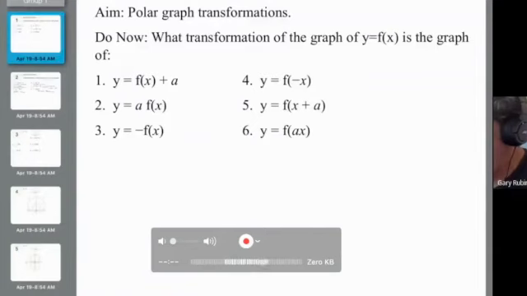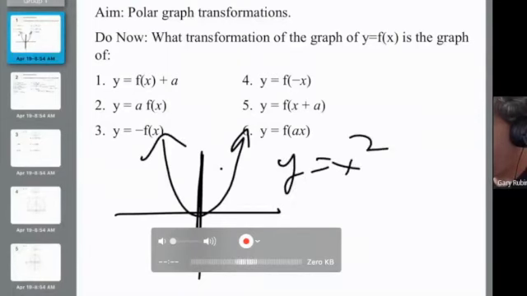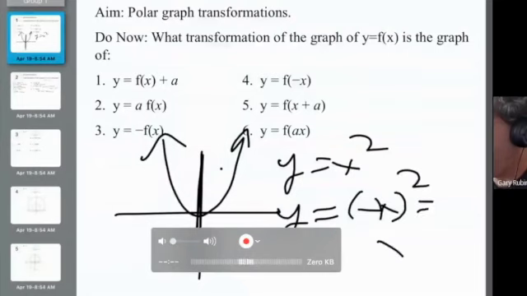Now, the parabola, okay, that's not good. If you take y equals x squared and you replace the x with negative x, it doesn't seem to do anything. It's the same graph, but it actually did do something. What does replacing x with negative x accomplish on a graph?